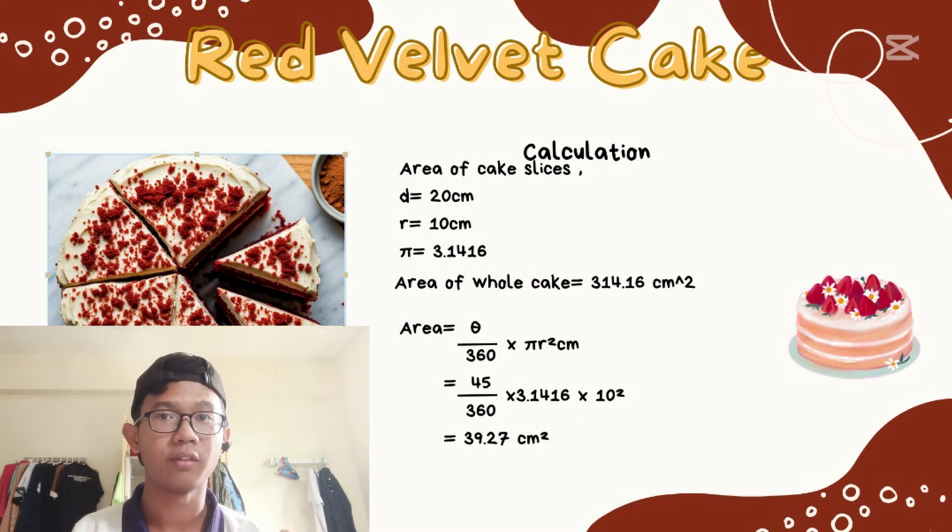So 45 over 360 multiplied by 3.1416 multiplied by 10 squared. The answer we get is 39.27 cm squared. This is how to calculate the area of a cake slice when given a question like this. That's all from me.